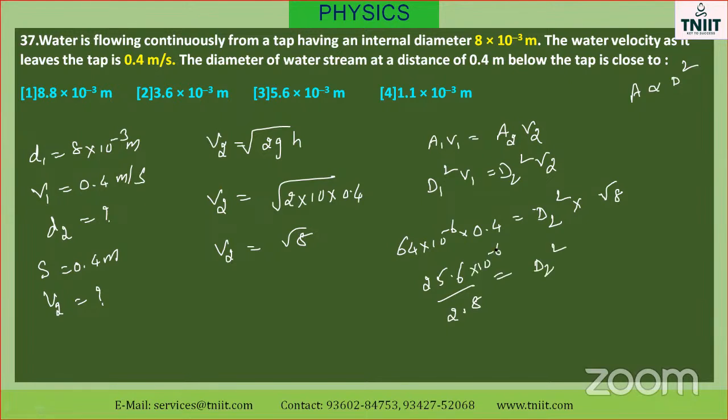So 25.6 divided by 2.8 will be approximately 9 point something into 10 power minus 6 for D2 squared. If you want D2, it should be 3 point something into 10 power minus 3. So you can choose option 2, approximately, since 3.6 is close.